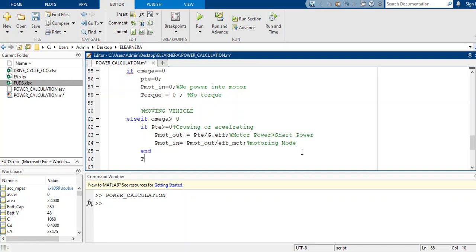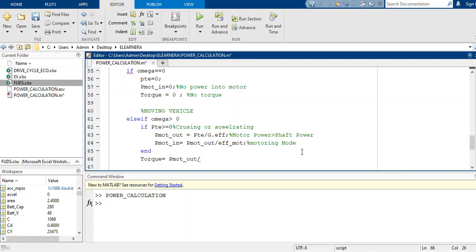Then we have all the parameters, so we can find the torque. Torque is equal to P motor out, meaning the power after the transmission efficiency, divided by omega. What is torque?